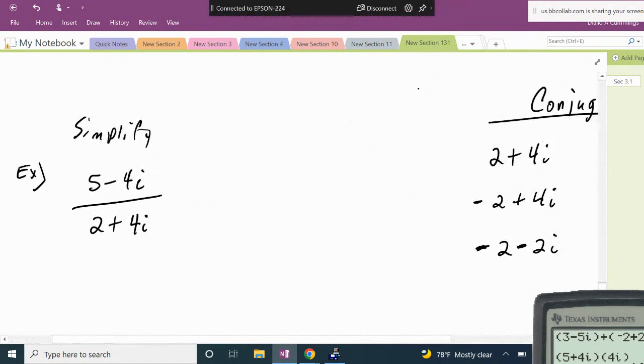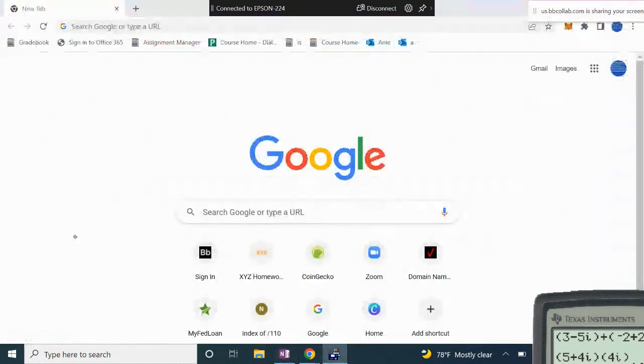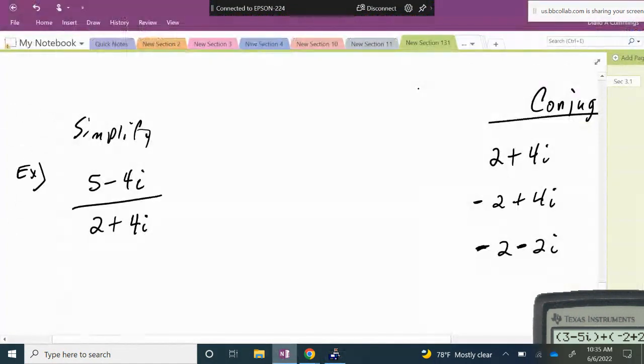All right, so now this is where this comes into play. So we have 5 minus 4i divided by 2 plus 4i. So when we simplify, much as when we simplify radicals, normally in the denominator, okay, we only want whole numbers.